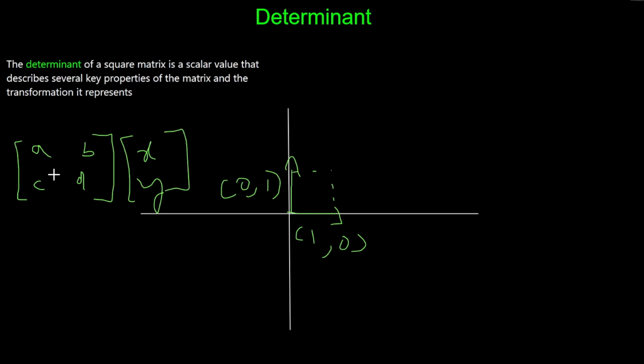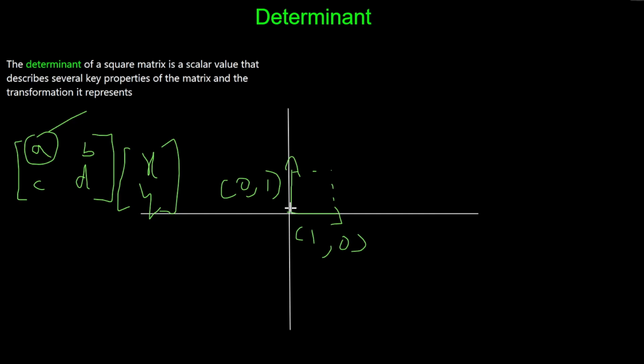What does A actually mean? A in the transformation matrix tells us how the x-axis is being scaled. In the previous case, when it was 2, it was scaled 2 times.